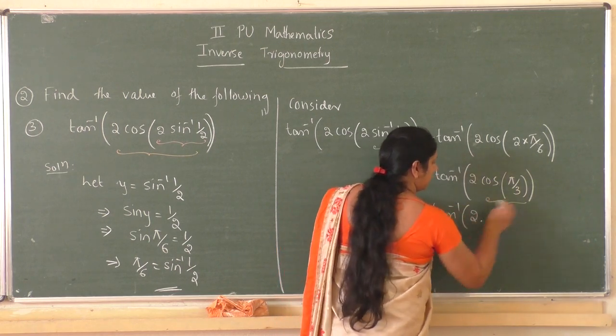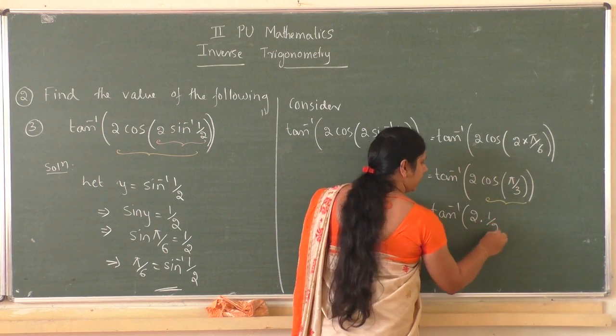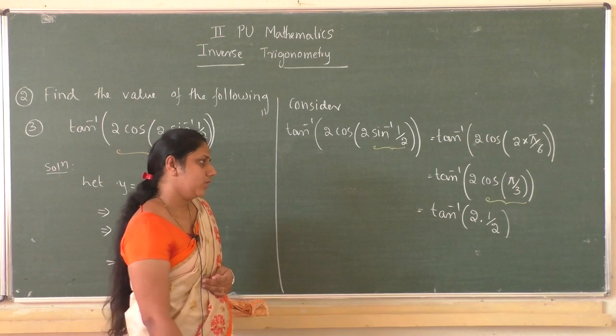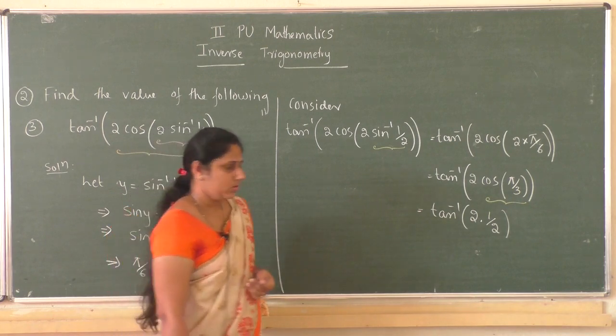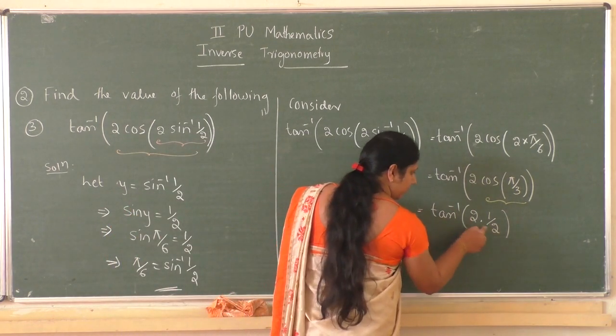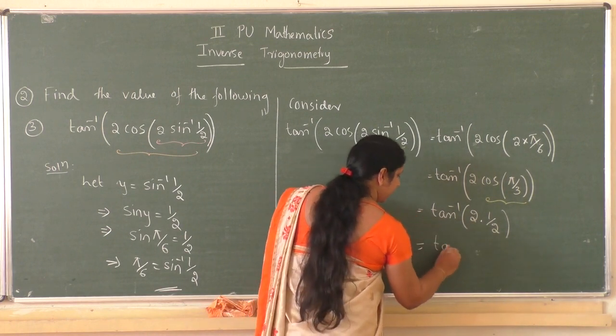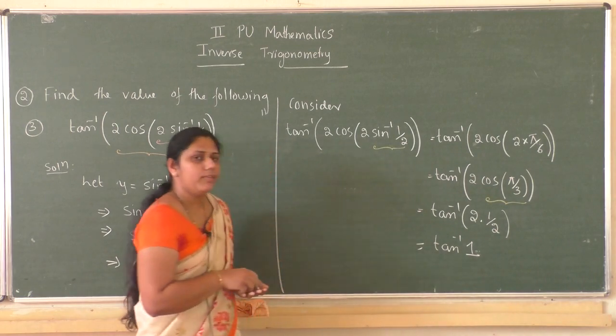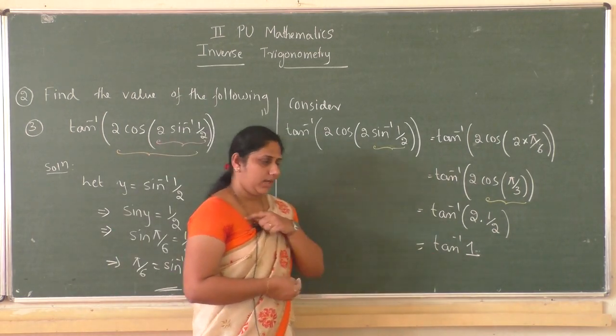Cos pi by 3 value is 1 by 2. So the term reduced to tan inverse of 2 into 1 by 2. So here 2 gets cancelled. What is the remaining term? Tan inverse 1. Now we will find the value of tan inverse 1.